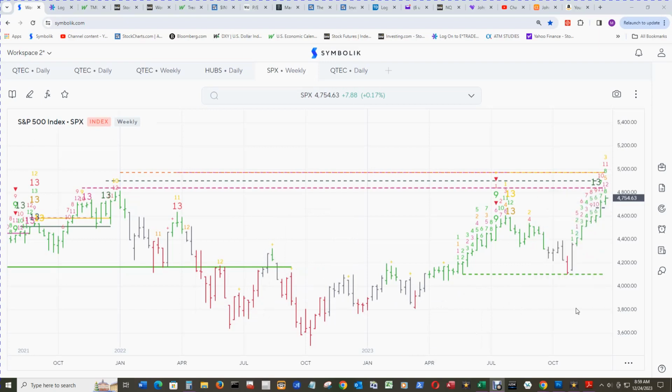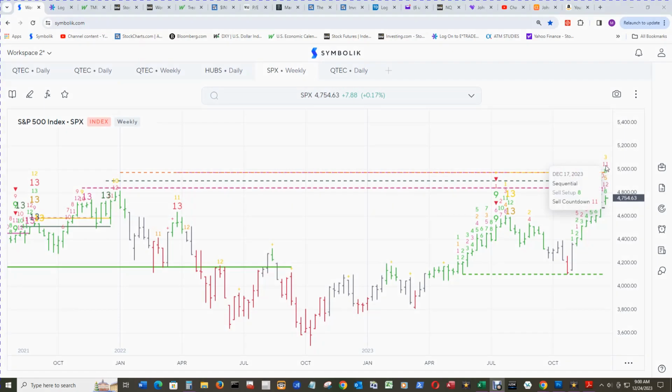So this is one of those rare instances when the 9 doesn't really mean that much, except for the fact that we've had one heck of a good run, and we are at the sequential sell countdown 11 and the combo sell countdown 12. So it's close to printing 13s.